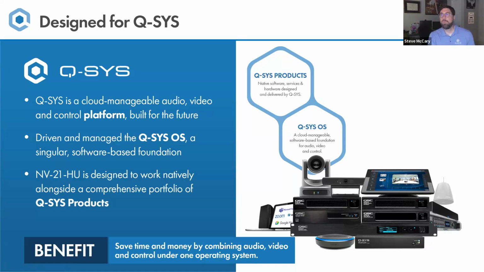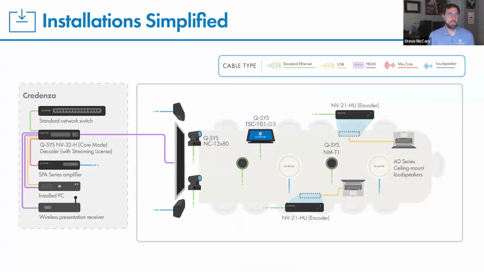Just to recap, we've talked about how all of this is designed to work together inside Q-SYS Designer and all sit on the network and play nice together. Now we want to go through a couple of installation examples using this equipment.